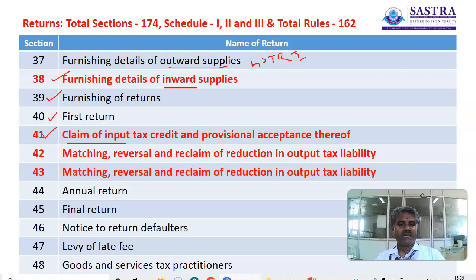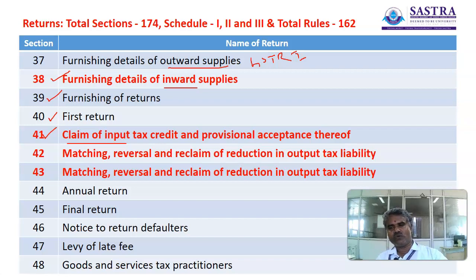So here, what is the eligibility criteria for claiming ITC? What are all the documents we must have to claim ITC? What are all the manners of utilization of ITC against output tax payable? So everything.